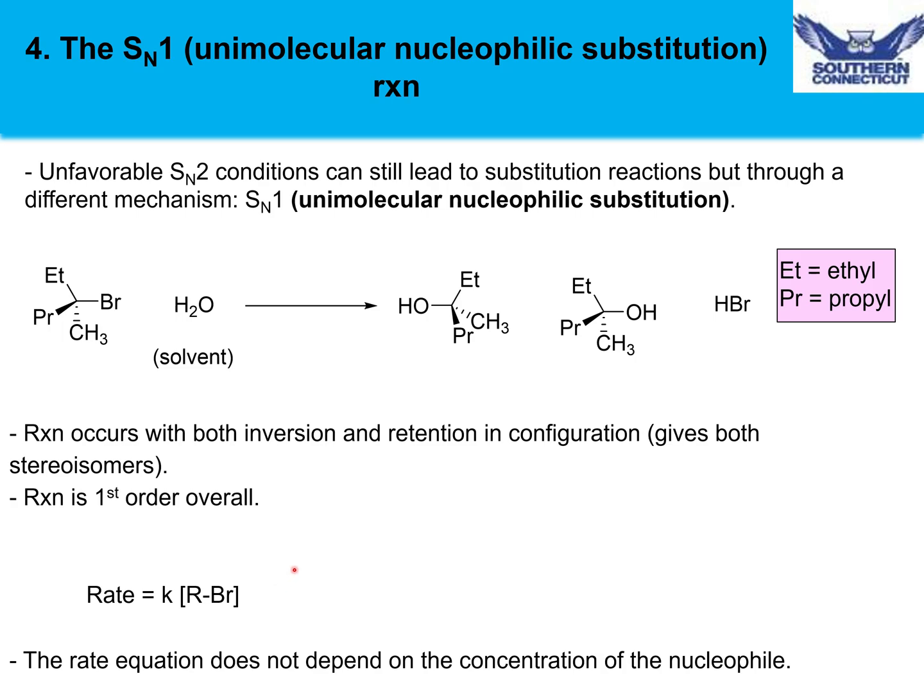So it turns out the solvent, or the nucleophile in this case, does not really play a role in how fast the reaction occurs. So we can have a bunch of the nucleophile and it wouldn't change the rate of the reaction. However, the alkyl halide will affect the rate and it affects it directly. So as we double the concentration of the alkyl halide, we will double the rate of the reaction.